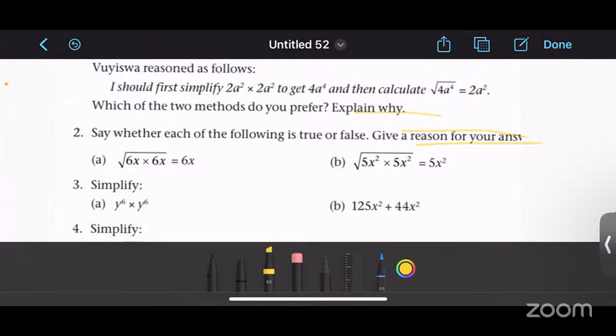How do you know that the square root of 36x squared is 6x?